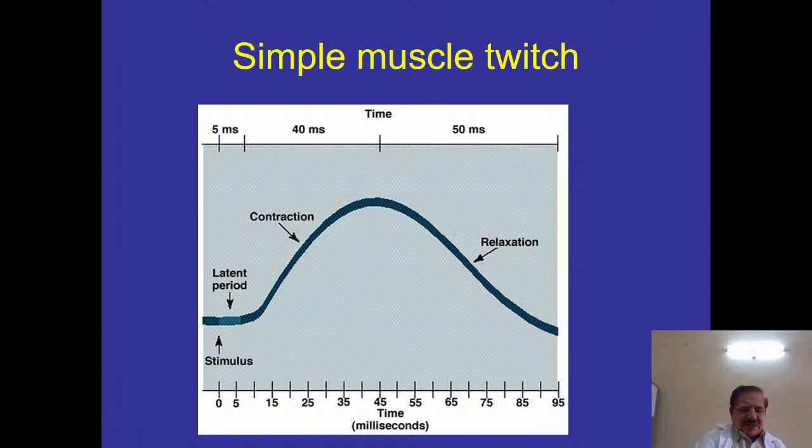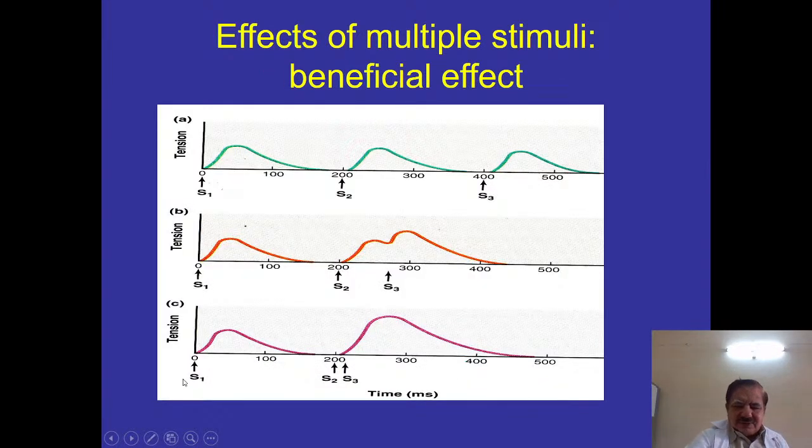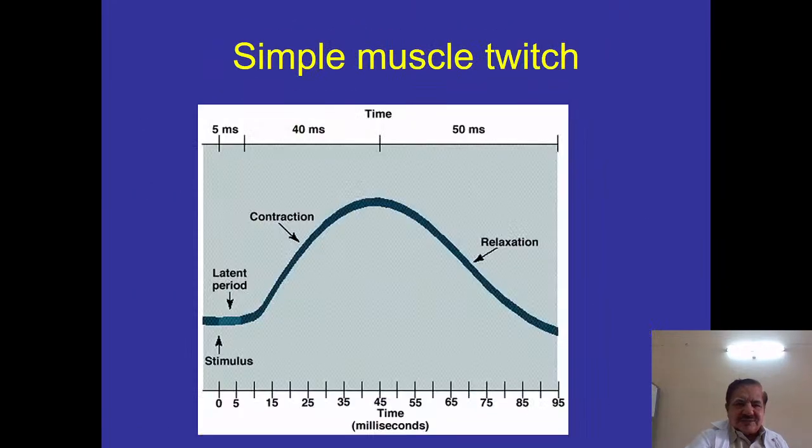That is, whenever any number of stimuli are given in the absolute refractory period, you won't get any contraction. And in the relative refractory period, that is the other half of the latent period, you may get a little more contraction. So this is the contraction period. So the refractory period also you have come to know from this curve. That is latent period, absolute refractory period and relative refractory period.